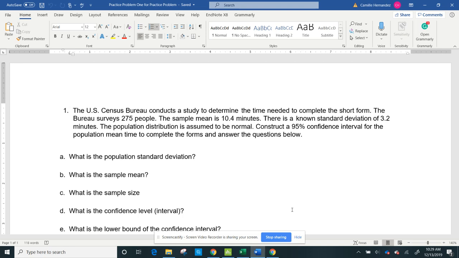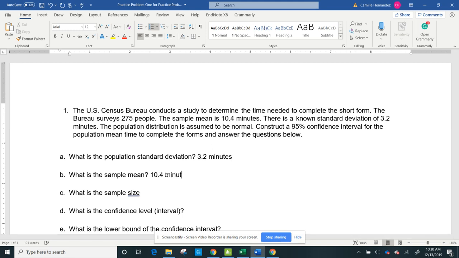All right, so I'm going to look at this problem and start to dissect it. What is my population standard deviation? Well, it says there is a known standard deviation of 3.2 minutes, so that is the same thing. What is the sample mean? It gives me the sample mean of 10.4 minutes.